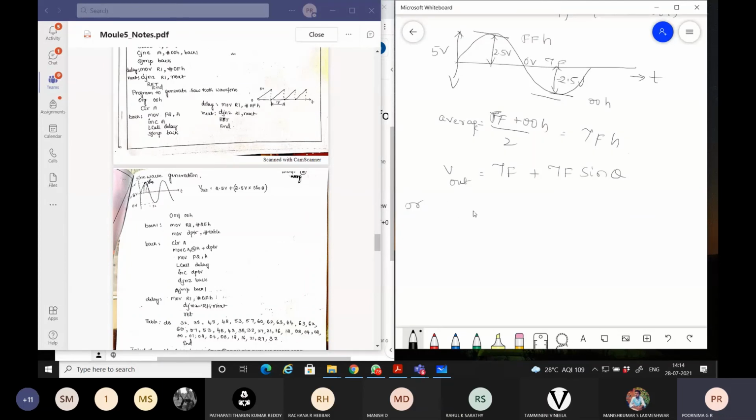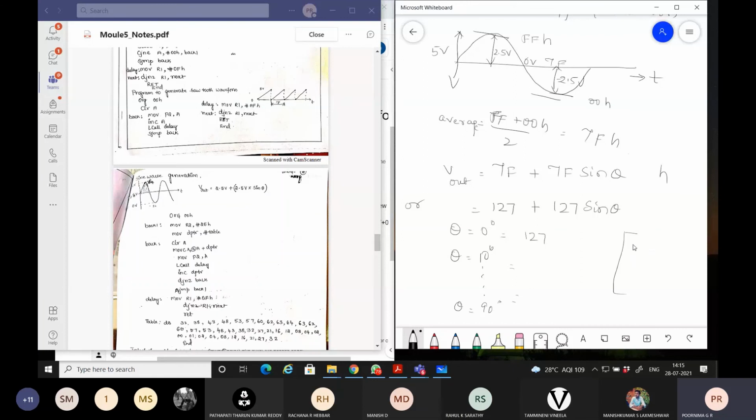In terms of decimal, 7F is equal to 127, and from 127, because this 2.5 belongs to 7F, it has to vary as per theta. So substitute theta as 0. When you give 0 degree, it will be 127. Vary this theta to 10 degrees, and you can calculate by substituting up to 90 degrees.